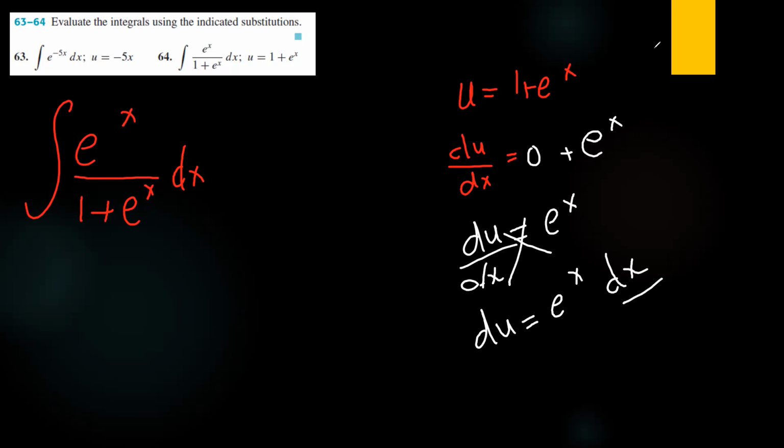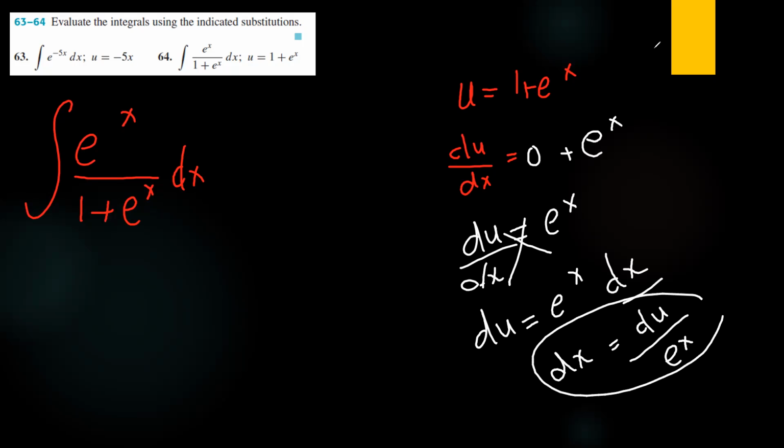I need dx only. So I will say dx is du over e to the power x. So after you find your assumption, find dx. Then let's come back here now. 1 plus e to the power x, replace it with u.